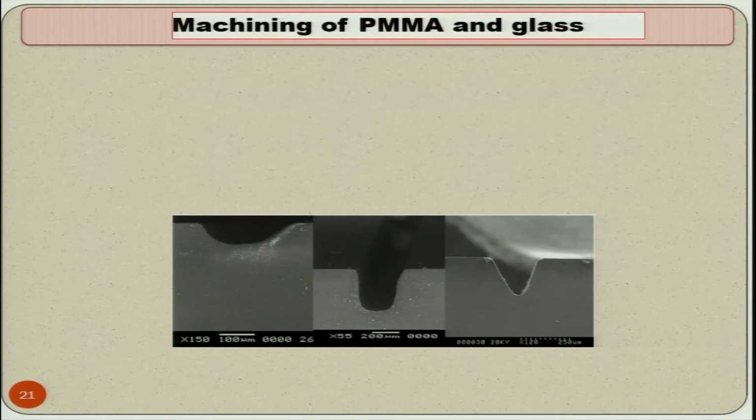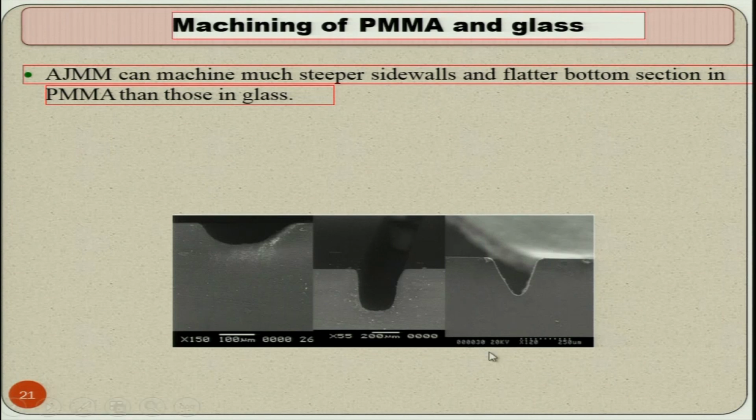Now, here is the machining of PMMA and glass. You can see here AJMM can machine much steeper side walls and a flatter bottom section in PMMA than in glass.